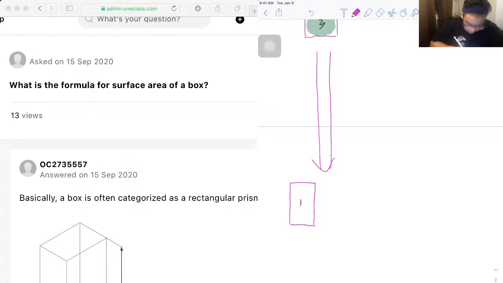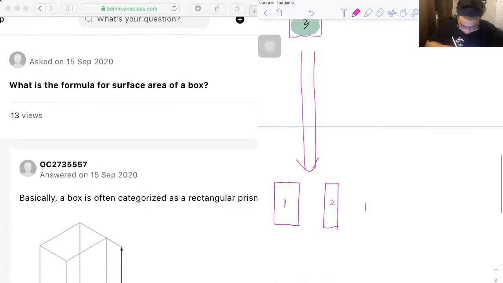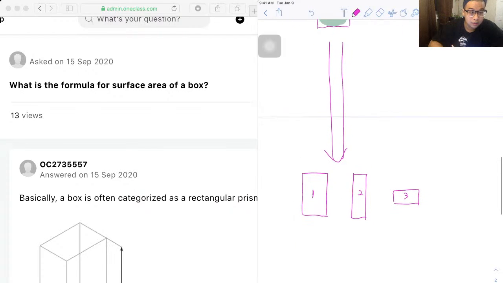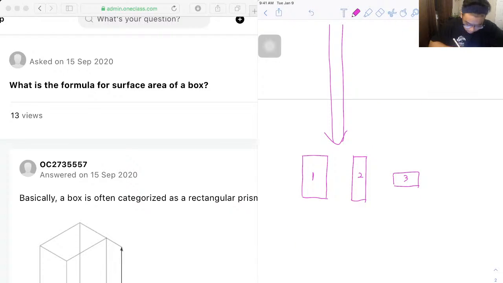So that's number 1, and number 2, and number 3, and here's length, height, width, height, length, width.